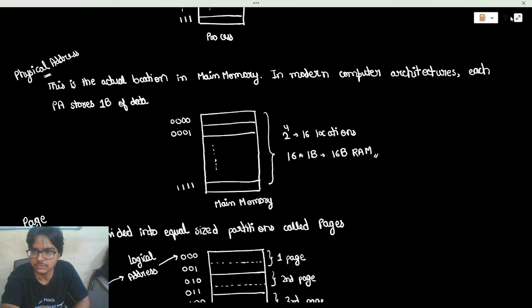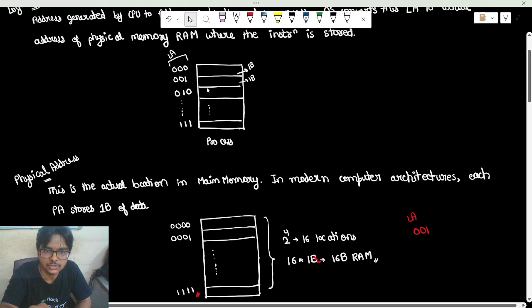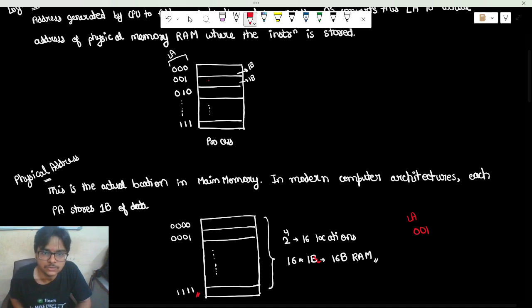For example, 001 is the logical address that is requested by the CPU.